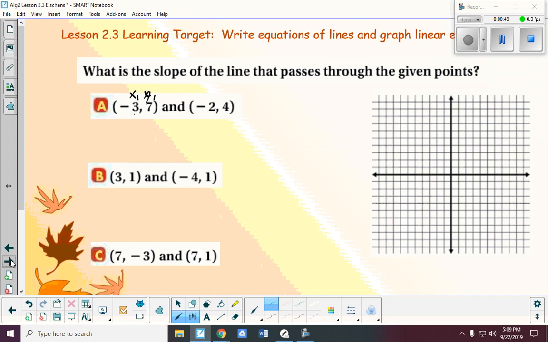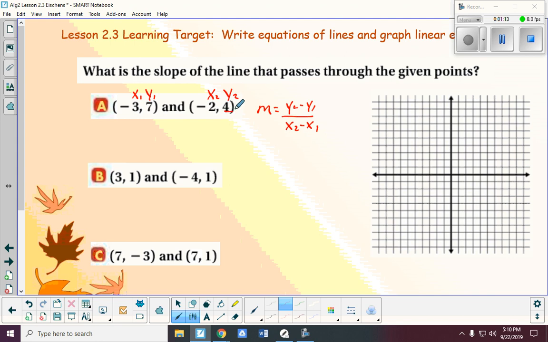So when we want to find the slope between 2 points, let's label them first. So this is the first coordinate, so this is x1, y1, and this is your second coordinate, so this would be your x sub 2 and y sub 2. And so the formula is y2 minus y1 over x2 minus x1, and then we'll substitute our values in.